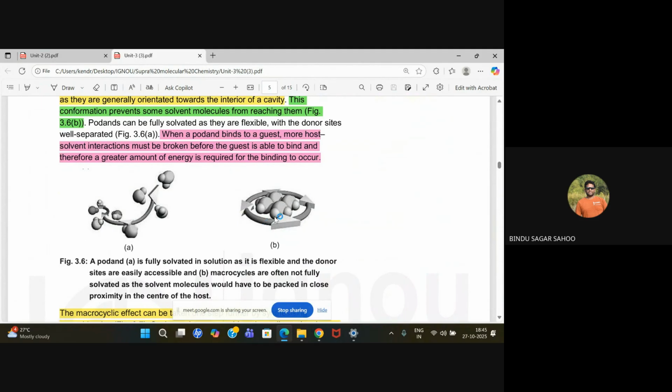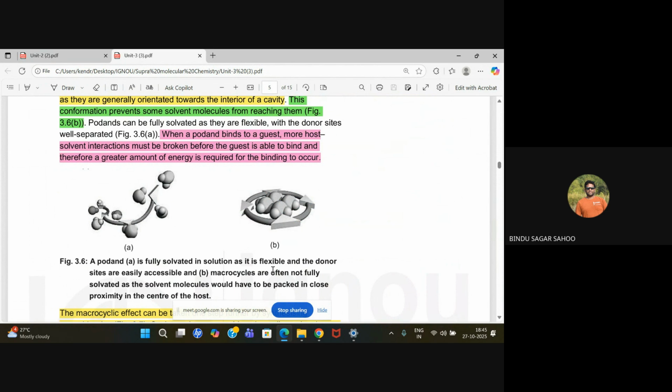In macrocycles, only a few solvent molecules are present in between, so it is not fully solvated. You can see these things mentioned here also. A podant is fully solvated in solution as it is flexible and the donor sites are easily accessible.